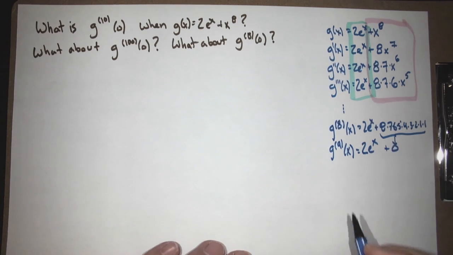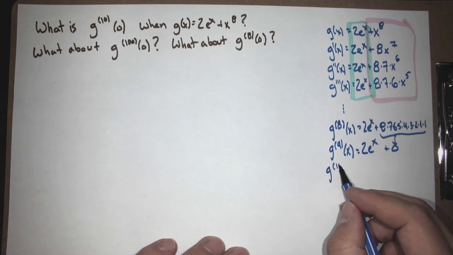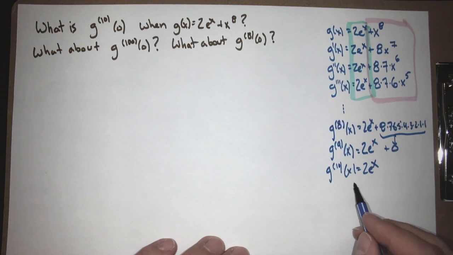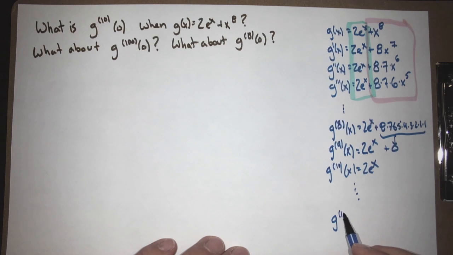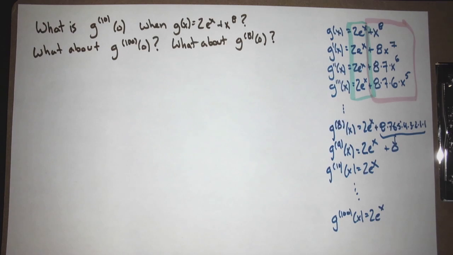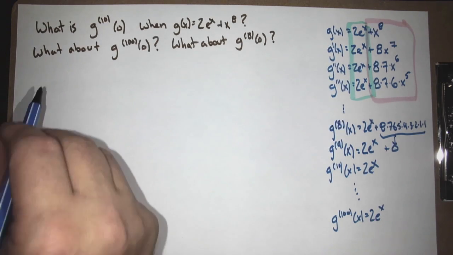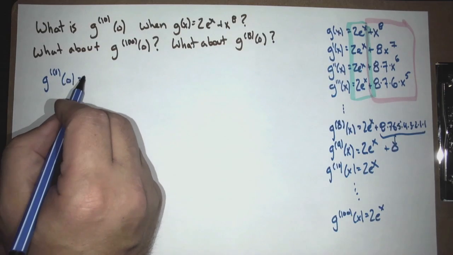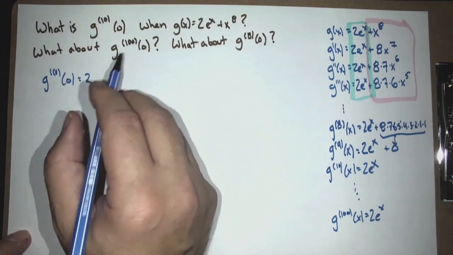Okay, so what's the 10th derivative? Yeah, 2e to the x. What's the 100th derivative? Yeah, 2e to the x. So this is about patterns, spot patterns. So we can answer questions. What is G10, the 10th derivative evaluated at 0? 2. G100 evaluated at 0?